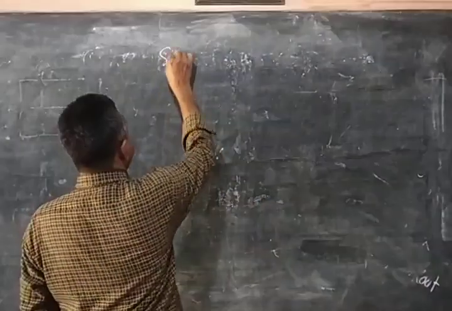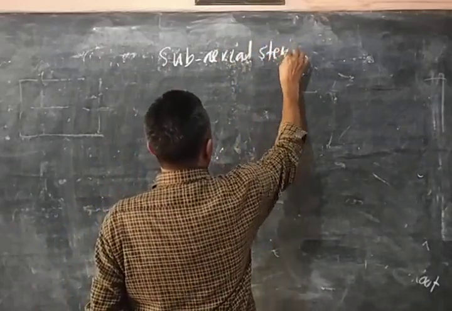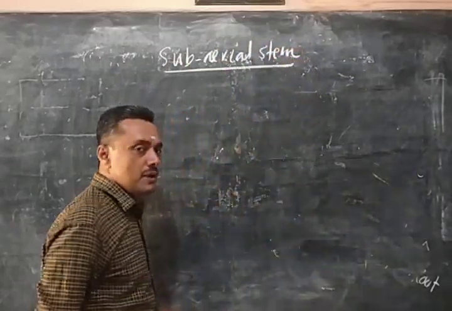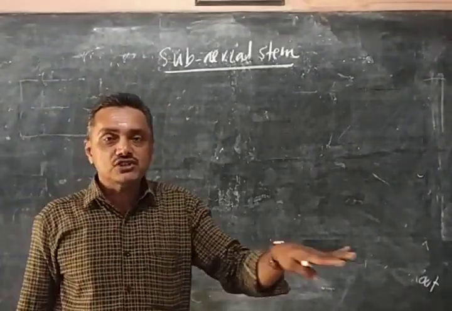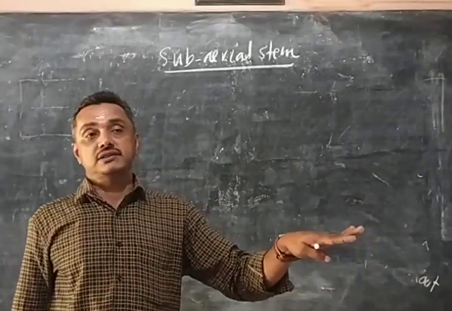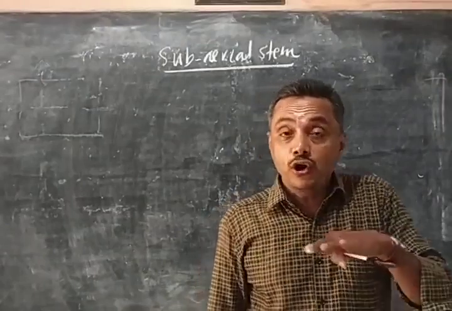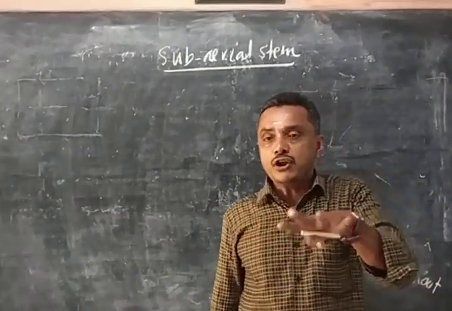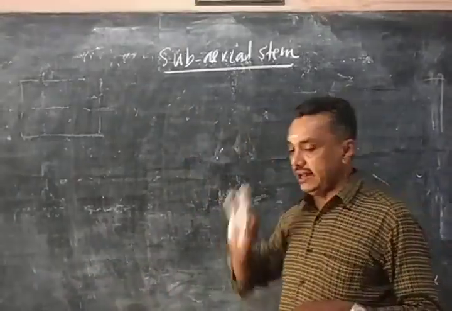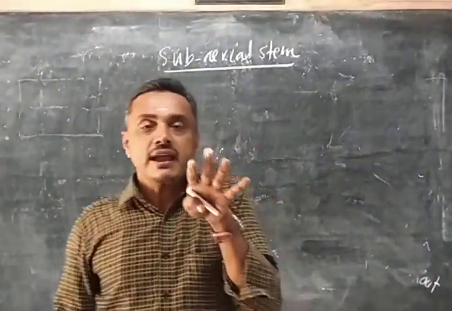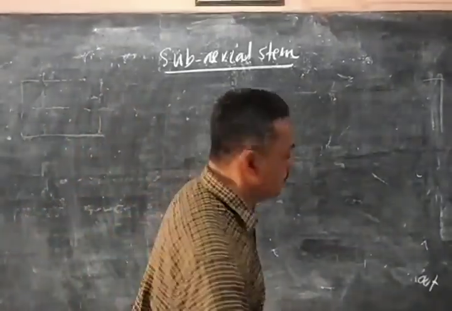A subaerial stem is present above the soil level but growing horizontally, not vertically, creeping on the soil like grasses. Subaerial stems are categorized into 4 types.